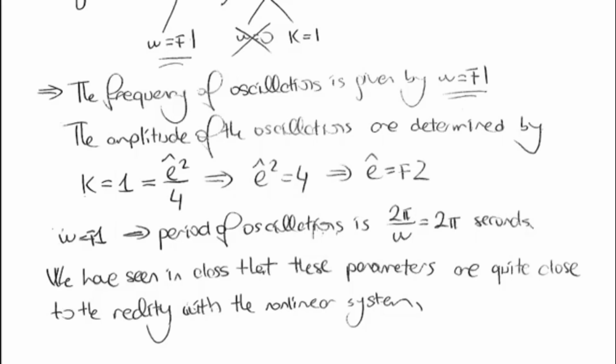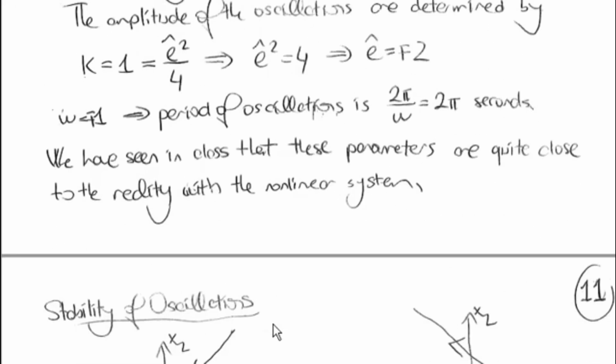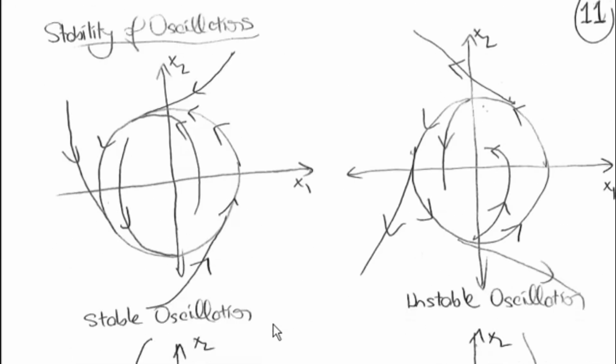Now, as a final and small point, I would like to show you how to analyze the stability of oscillations using describing functions. In order to be able to do that, first we have to know what we mean by stability of oscillations. So here I show two figures to you, and in each case I have a pure sinusoidal oscillation.